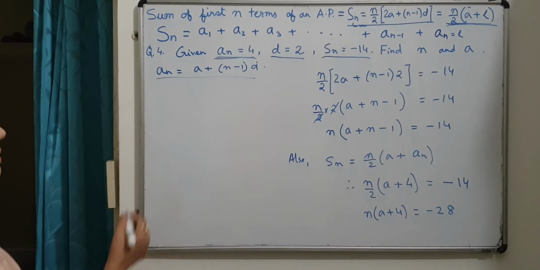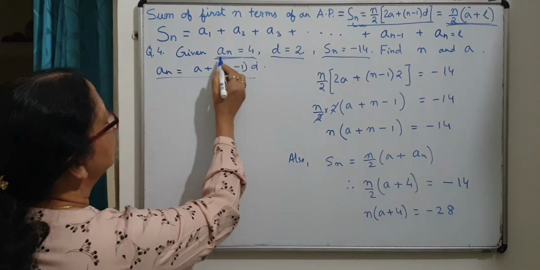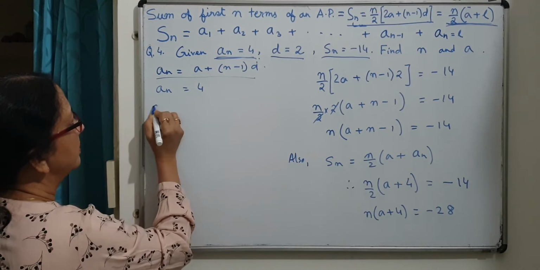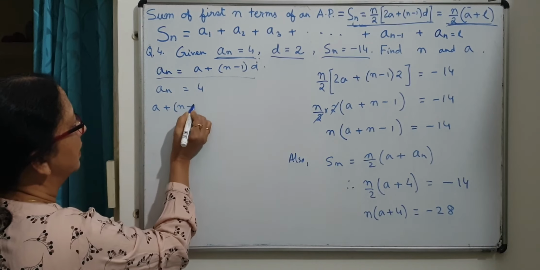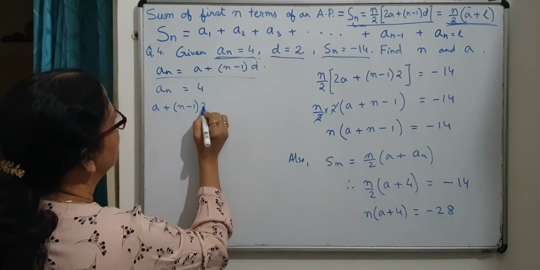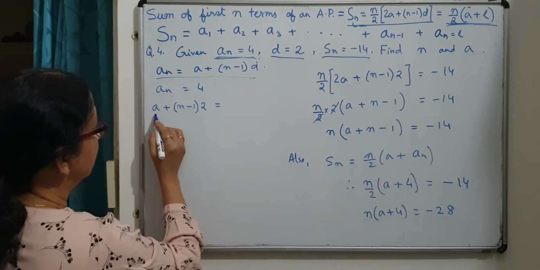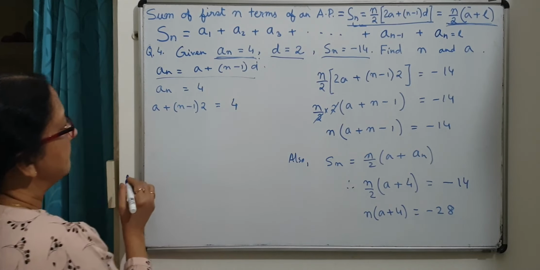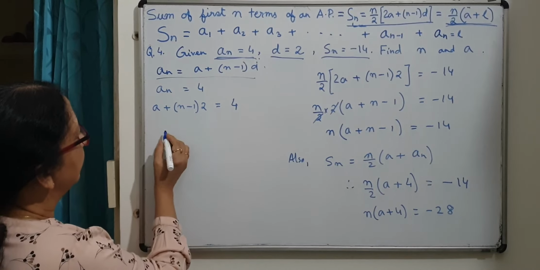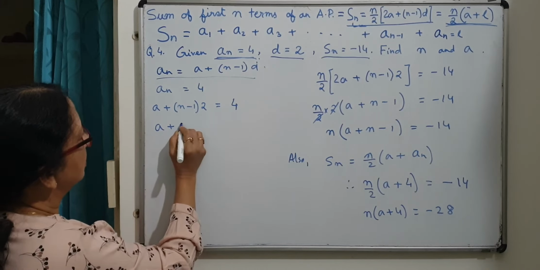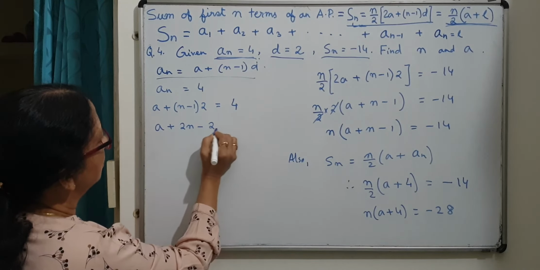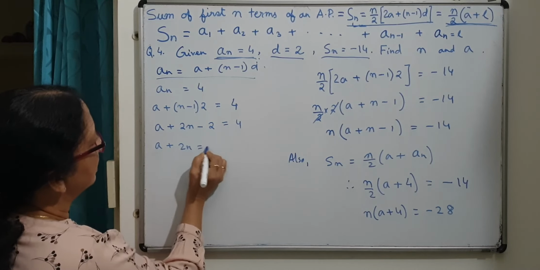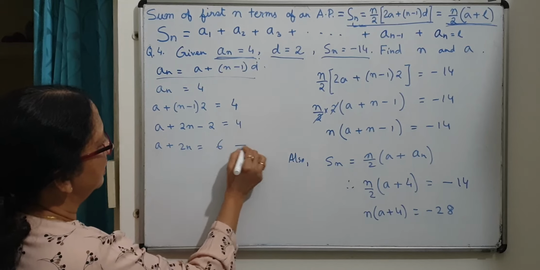Now again I'll be using this one. An is equal to 4, that is a plus n minus 1 times D, where D is 2, so a plus 2n minus 2 is equal to 4, or a plus 2n is equal to 6, equation 1.